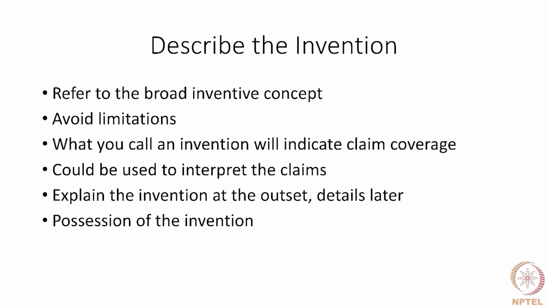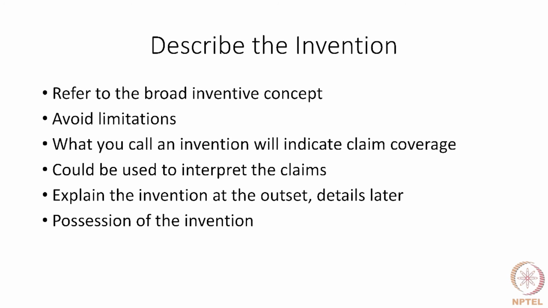One such declaration which the applicant has to make is that he is in, or if it's a group of inventors, that we are in possession of the above mentioned invention. Now, it's easy to say that once you make this declaration in the form, it is assumed that you are in possession of the invention.